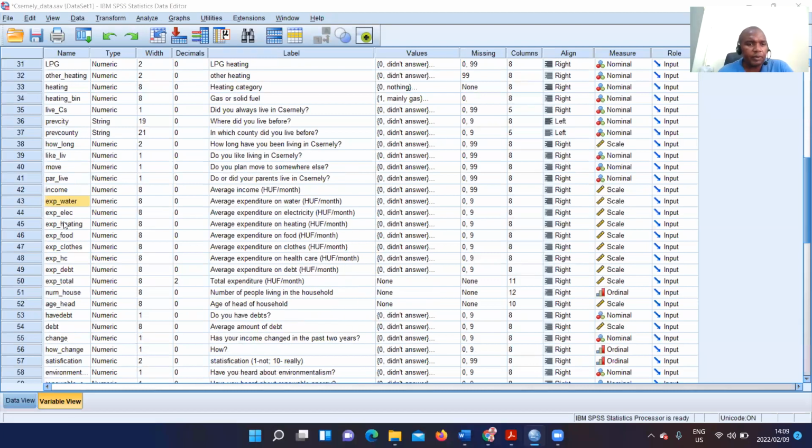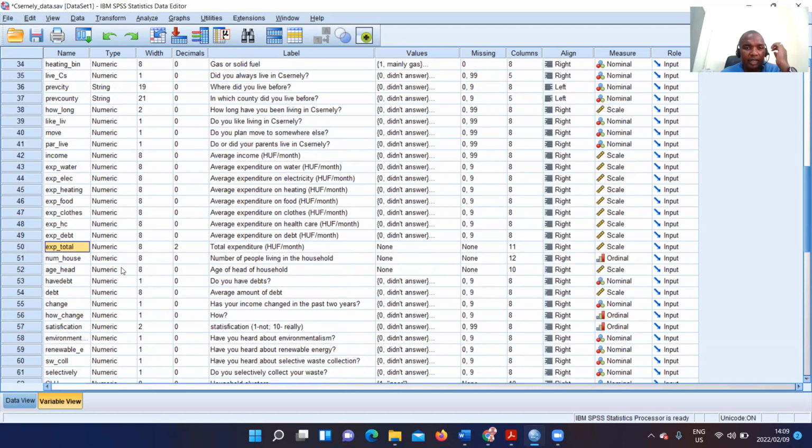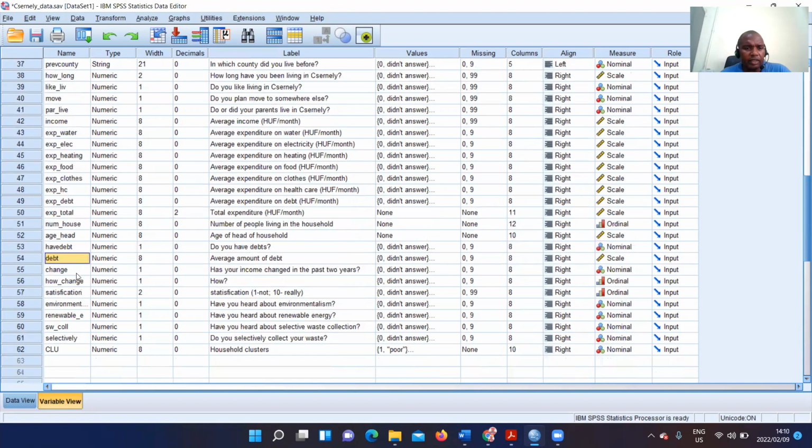So as you can see, we proceed with all the kinds of services like electricity, heating, expenditure on food, expenditure on clothing, expenditure on healthcare, expenditure on debt, total expenditure in Hungarian forint, and the number of people living in the household, the age of the head of the household, have debt, average amount of debt, change, how has your income changed in the past 2 years, satisfaction, environment, have you heard about environmentalism, renewable energy, have you heard about selective waste collection, do you selectively collect your waste, and then the household clusters.